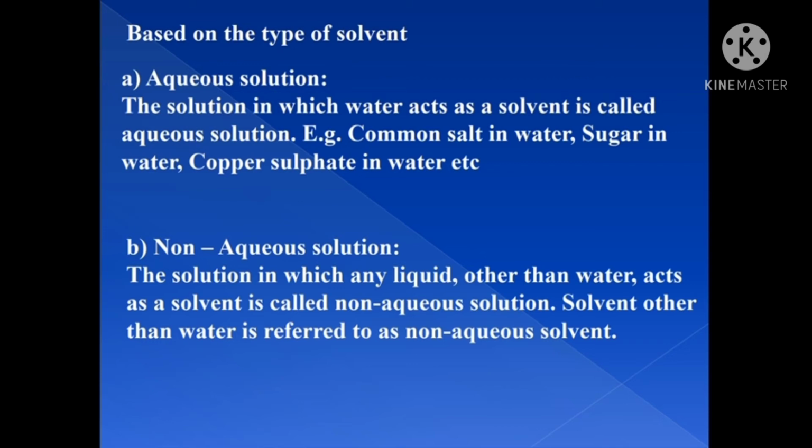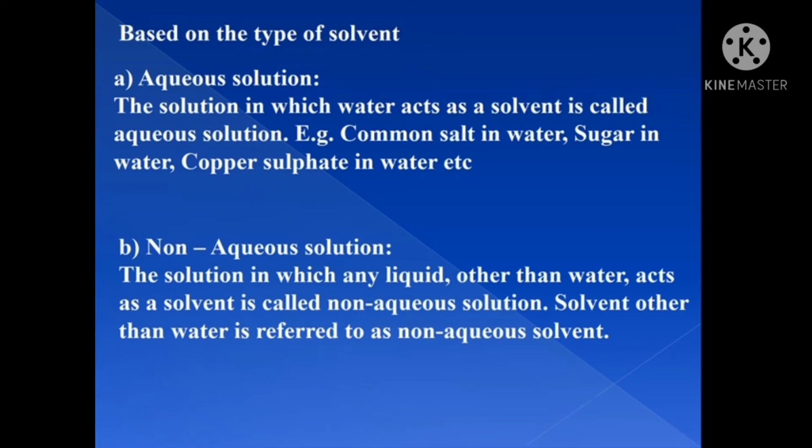Sulfur is normally insoluble in water. So here we are taking carbon disulfide as a solvent. Sulfur completely dissolves in carbon disulfide. So here, carbon disulfide acts as the solvent. The next example is iodine dissolved in carbon tetrachloride.